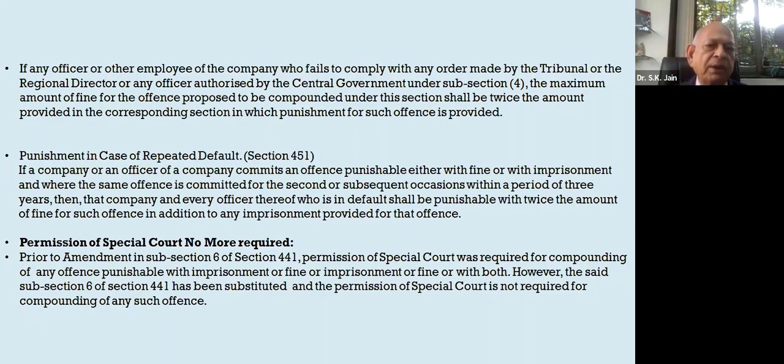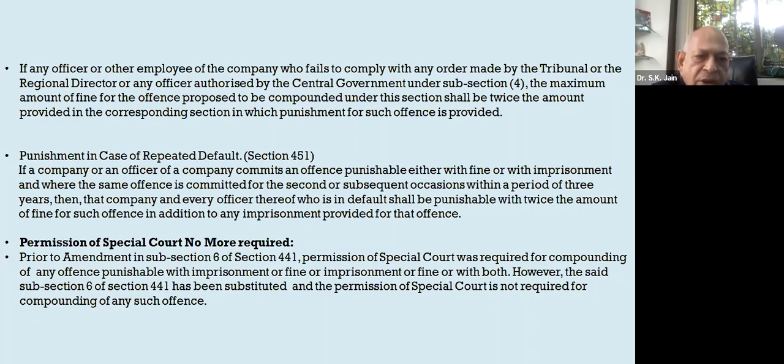Punishment in case of repeated default: supposing an offence has been compounded and the same offence is repeated again within a period of 3 years, then the offence will still be compounded, but the compounding fee will be twice the compounding fee as provided under different provisions of the Companies Act.